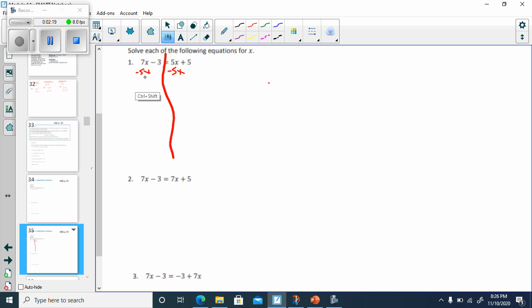So I'm going to subtract 5x from each side. That would give me 2x minus 3 is equal to 5. Let's add 3 to both sides, and I get 2x is equal to 8. Divide both sides by 2, and x is equal to 4. Okay, that is one solution.